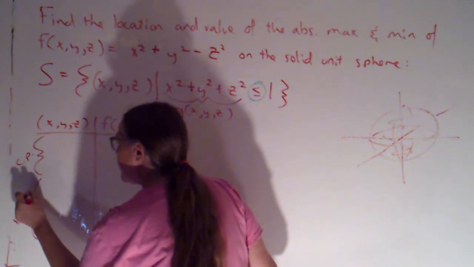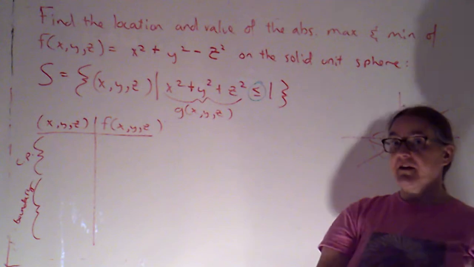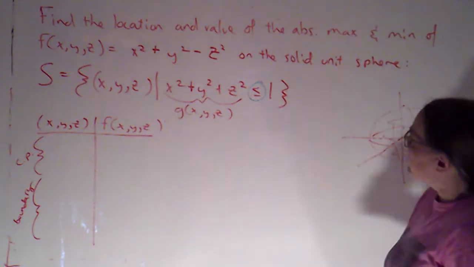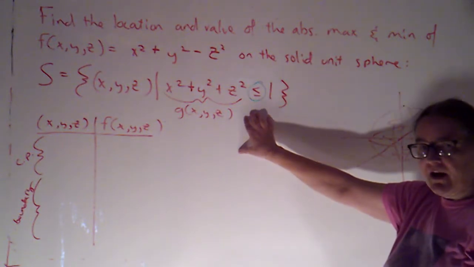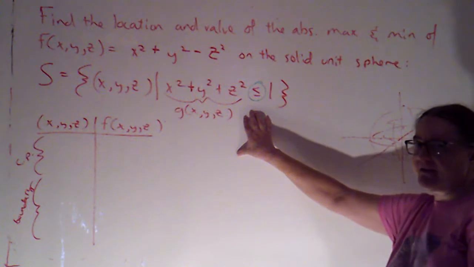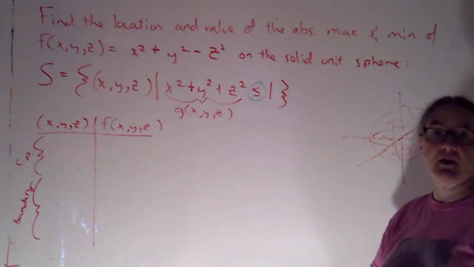So that's combining some of what we learned from section 14.7 with the method of Lagrange multipliers, which we'll use on the boundary. If the boundary was a level curve, I might have the option of parametrizing it. Here, the boundary is a level surface. We're going to have to use Lagrange multipliers when we've got a function of 3 variables.